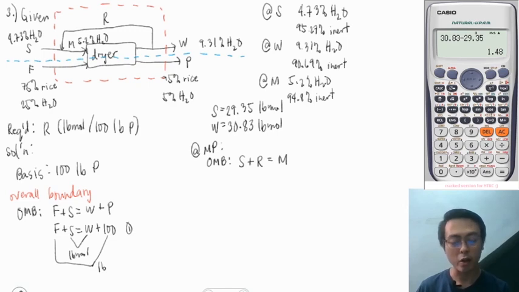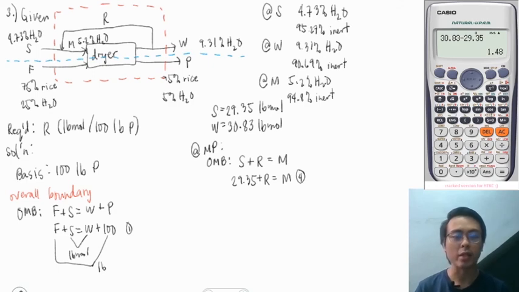We don't know the value of R yet. So we substitute: 29.35 plus R is equal to M. That is our equation 4. I think we are already at equation 4.